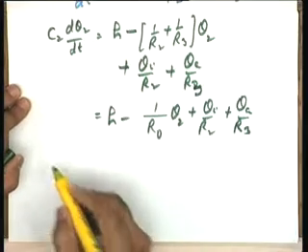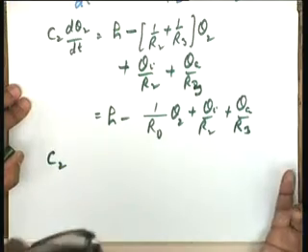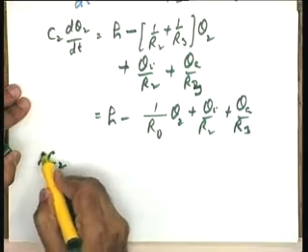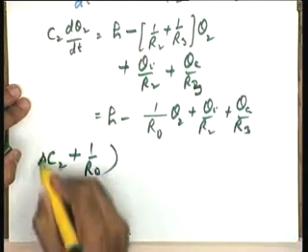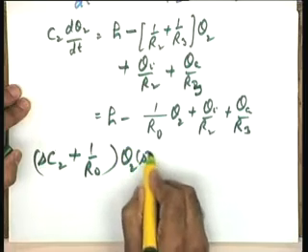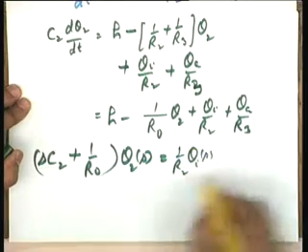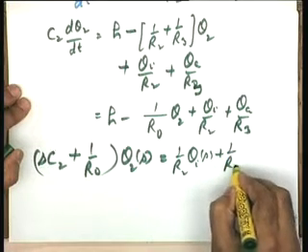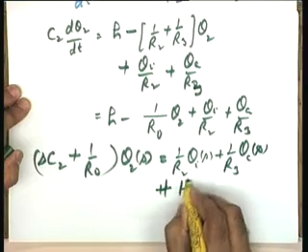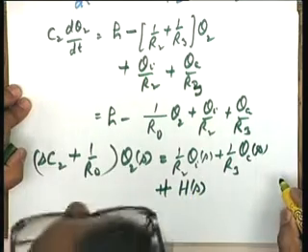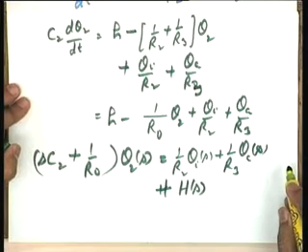So, what I do in this case, I take this term on this side, C2, or can I write it directly in the Laplace domain? That will be helpful. (sC2 + 1/R0) θ2(s) = (1/R2) θi(s) + (1/R3) θa(s) + H(s). H(s) is the Laplace transform of small h(t), that is the controlled variable.